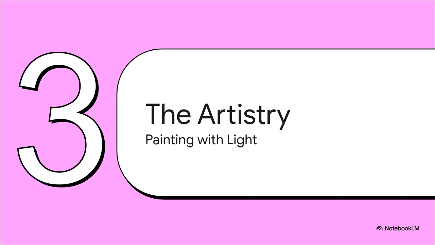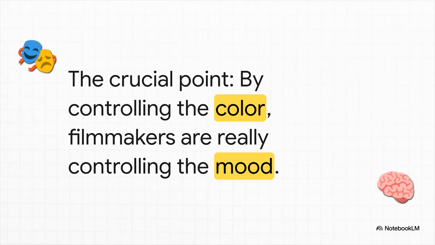So we've got the science and we've got the tools. Now we get to the fun part, seeing how it all comes together to create art on screen. This is really where the technical stuff transforms into pure emotion. Because this is the whole point, isn't it? Every one of those decisions, whether to use a tungsten or an HMI, whether to add a warm gel or a cool gel, it's not just a technical choice. It's an emotional one. They are quite literally painting with light to make you feel something.